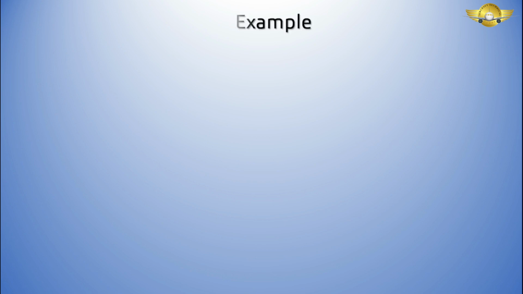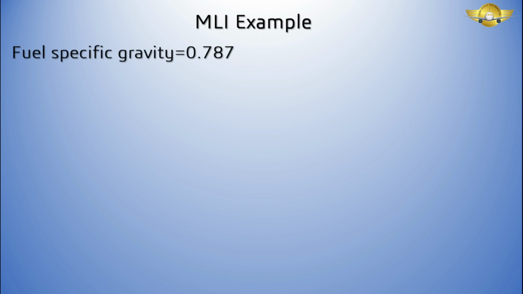Let's take an example to understand the MLI procedure. Please consider the following values. Fuel specific gravity is 0.787, pitch data is 0.5 and the roll data is 1.0.